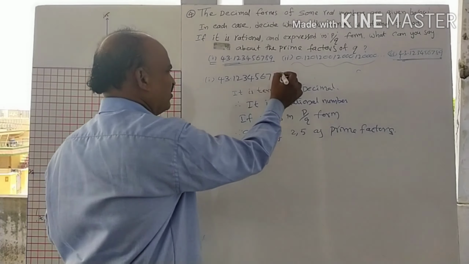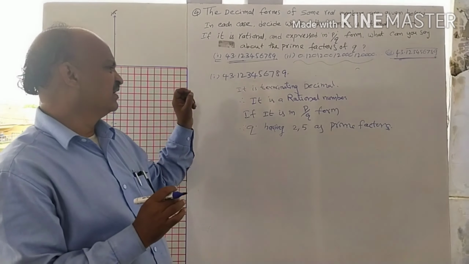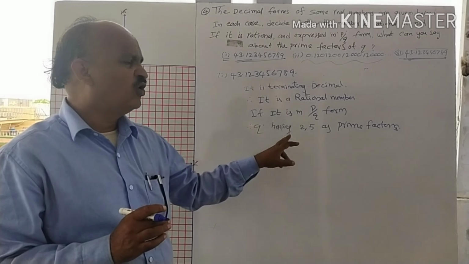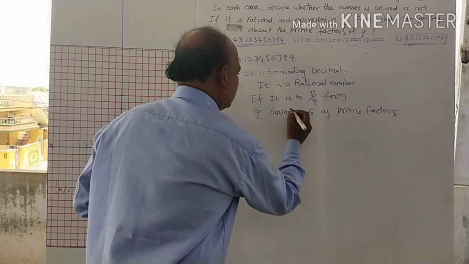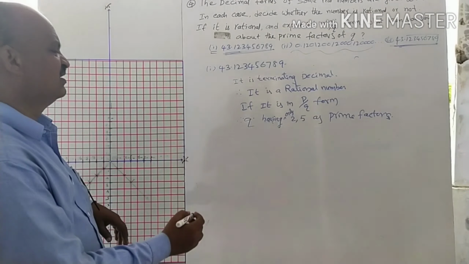Terminating decimals are rational numbers. If a terminating decimal is in p by q form, the denominator q has only 2 and 5 as prime factors. Only 2 and 5.